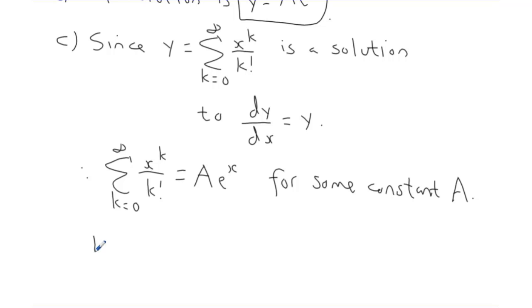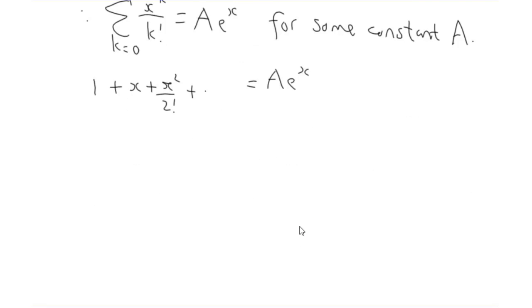So that means that 1 plus x squared over 2 factorial plus dot dot dot must be equal to A e to the x, right? So we've got to find the value of A that makes this true. If we look at initial values, when x equals 0, the left-hand side would be 1. LHS equals 1.